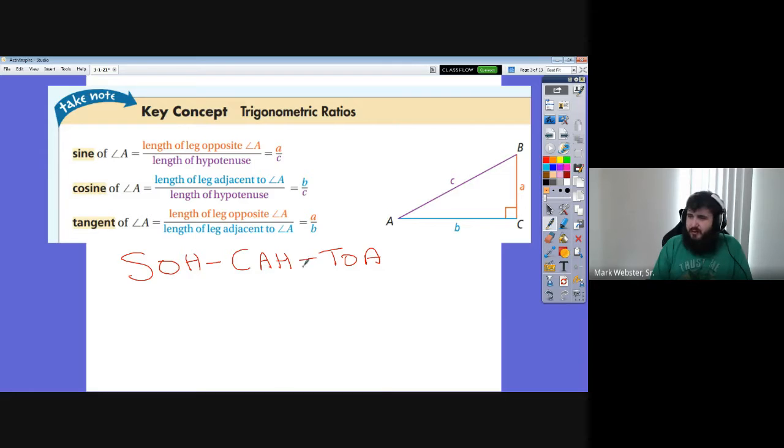Cosine equals adjacent over hypotenuse. Tangent equals opposite over adjacent. If you can remember SOHCAHTOA, it's going to mean that you have a lot less thinking to do, because you'll have everything in your brain and you'll be able to unpack it a little easier. So let's go ahead and move forward.